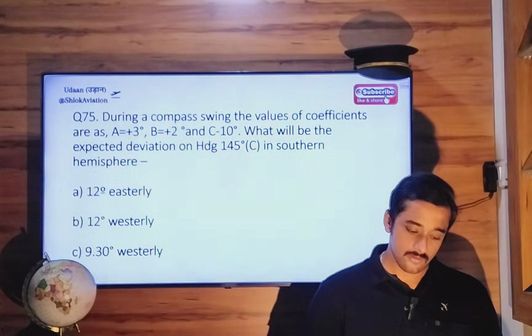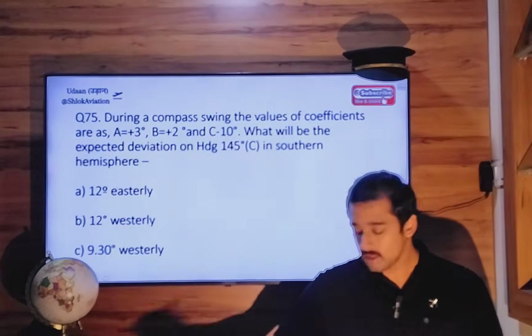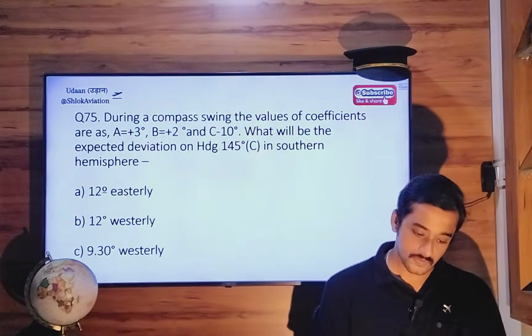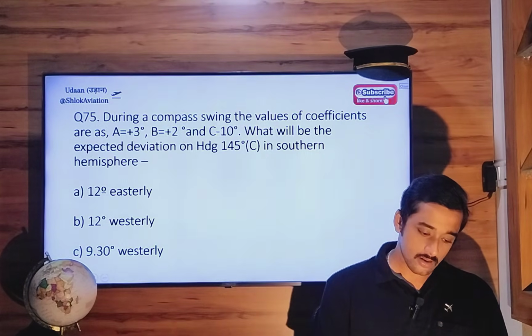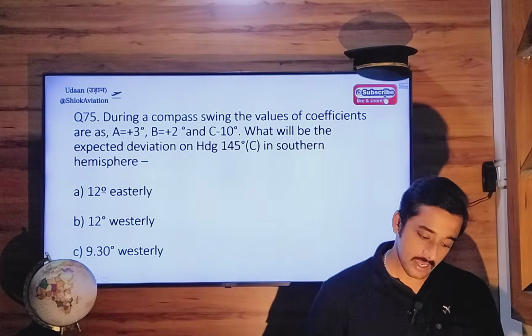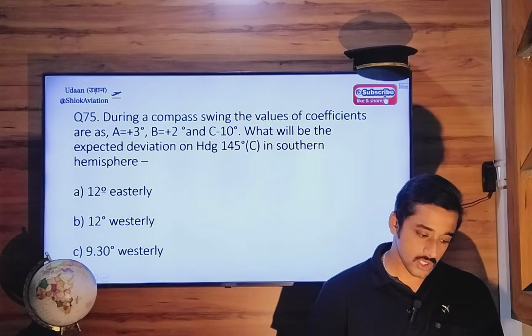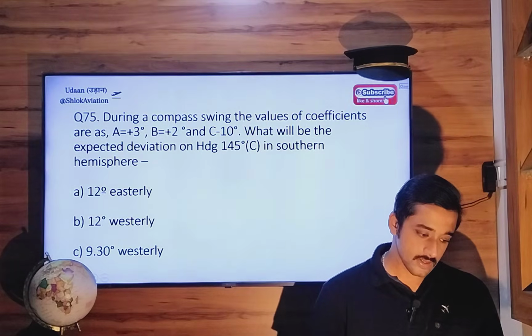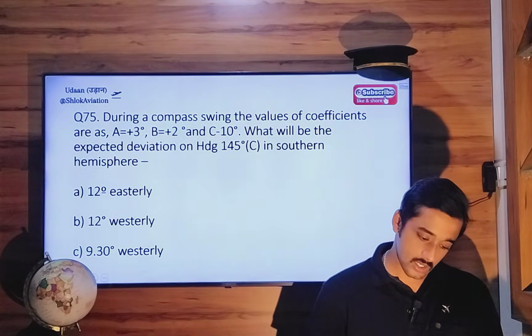Question 75. During a compass swing, the values of coefficients are: option A is plus 3 degrees, Bravo is plus 2 degrees, Charlie is minus 10 degrees.